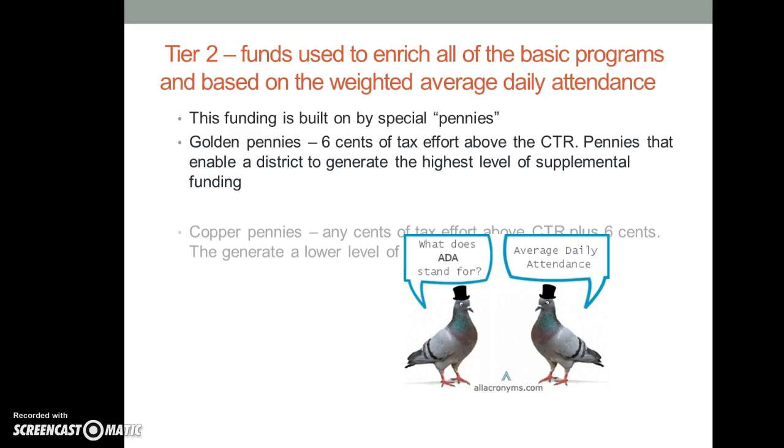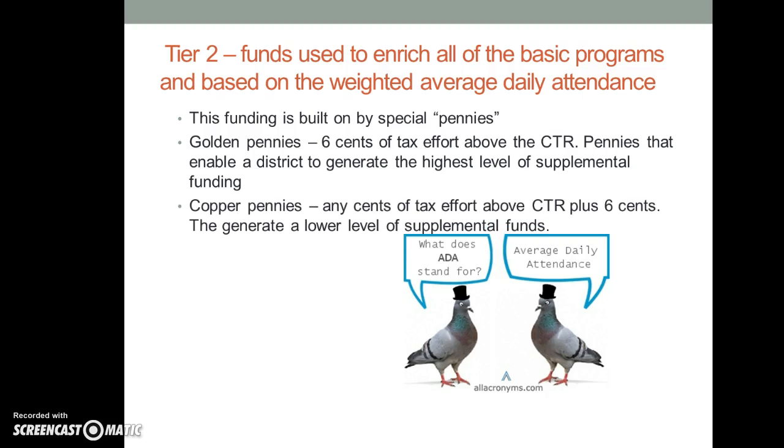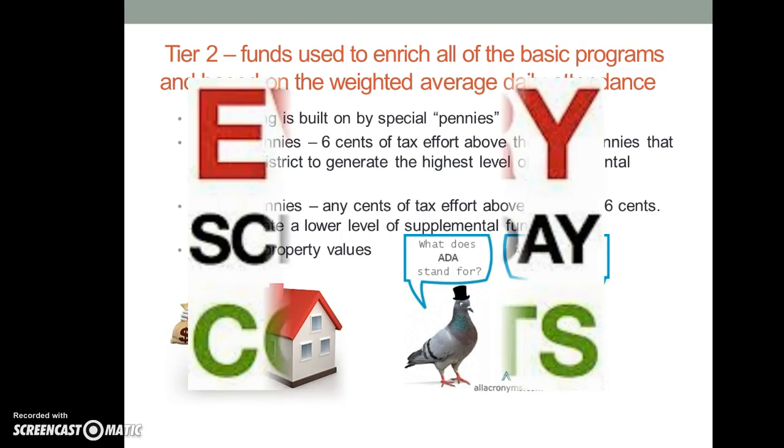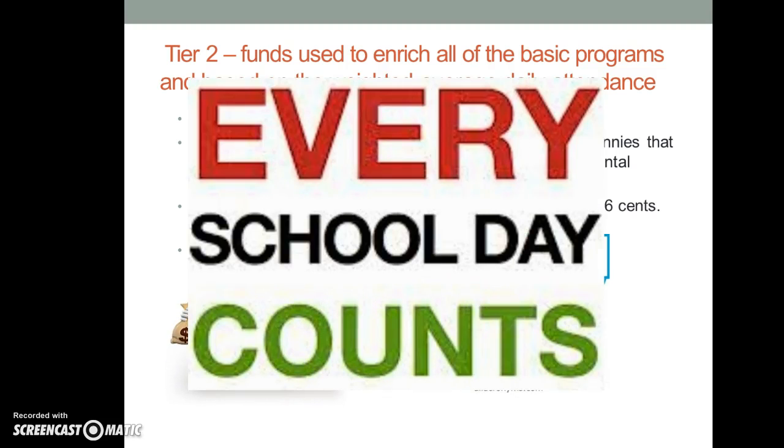Then there are copper pennies. Copper pennies are any cents of tax effort above CTR plus 6 cents. They generate a lower level of supplemental funds. These funds are driven by property values. Every school day counts.